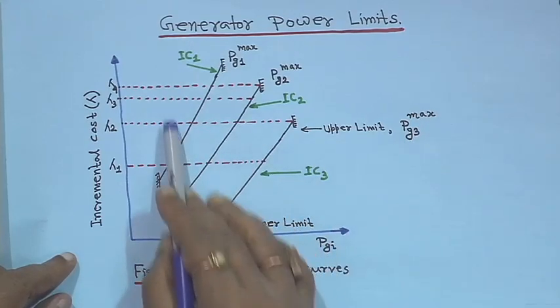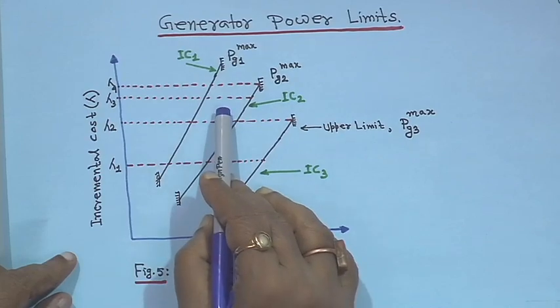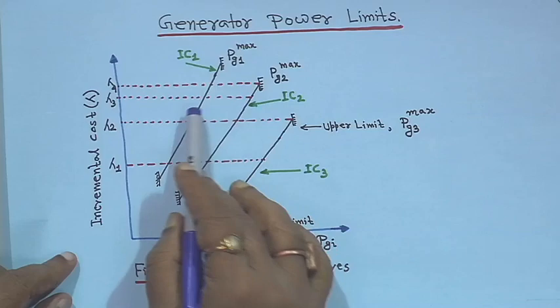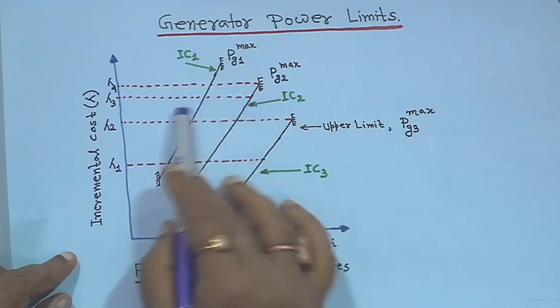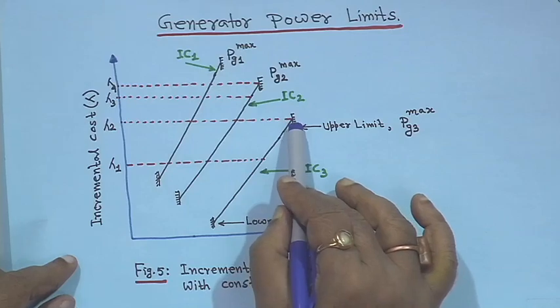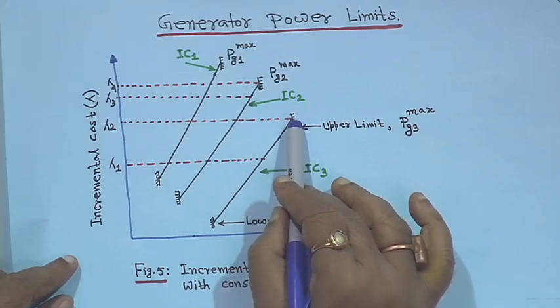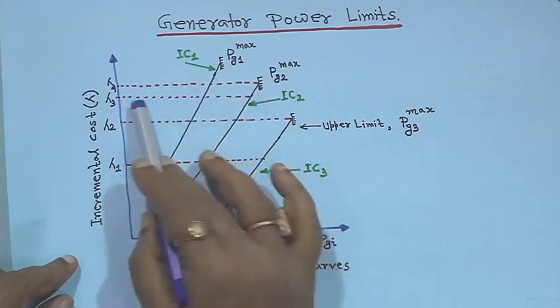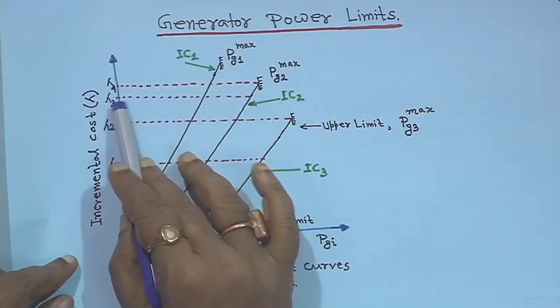Again, if you move upwards, suppose the load has increased further, suppose this is lambda 3. At that time the generation of these two units, 1 and 2, will change, but this one will be kept fixed at this value, because it cannot increase. At that time these two units will operate on an equal lambda basis, for example lambda 3.